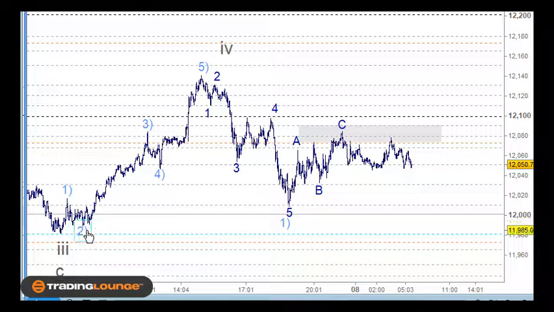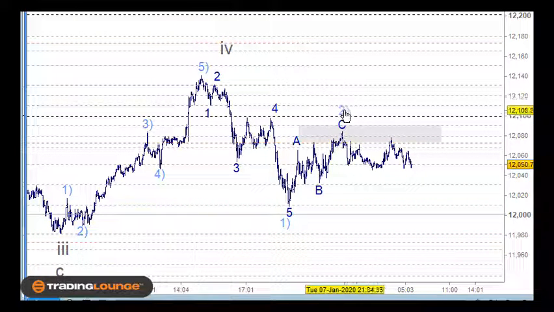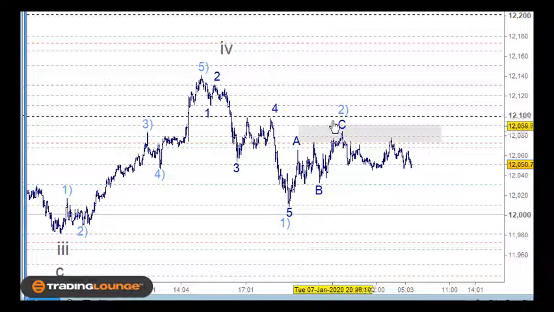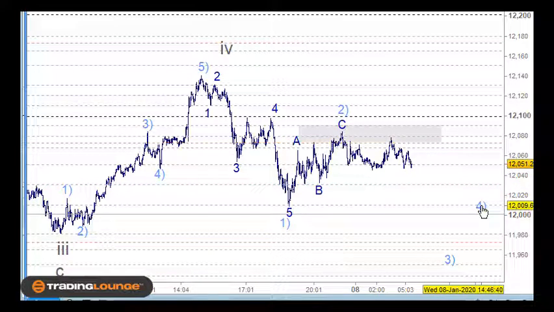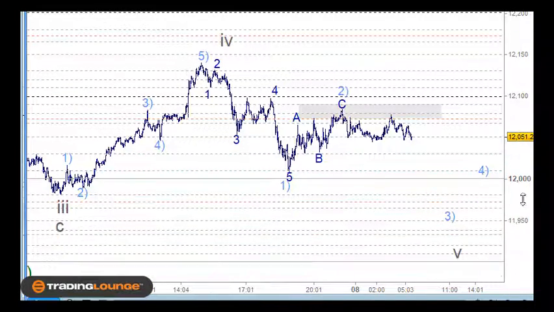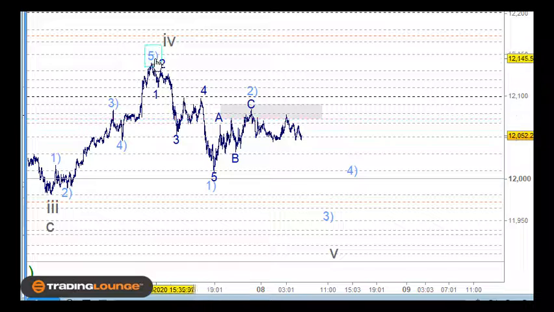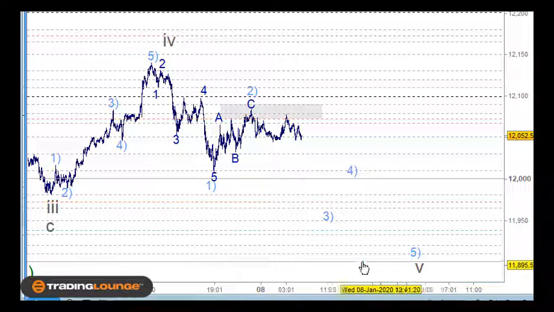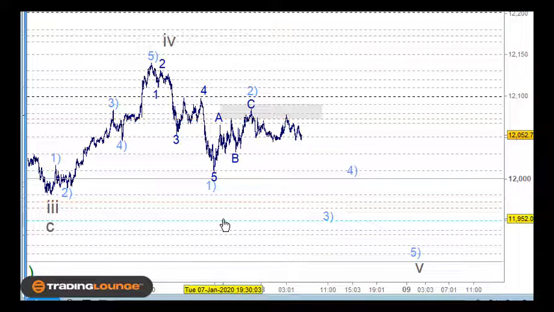So I'm thinking that we've got 1 here and 2 here, and we should have 3 coming down here, finishing this off. But we know that the US market's a bit bullish, and wave 5 coming down to 11.9 here. So I think this is the pathway for this.